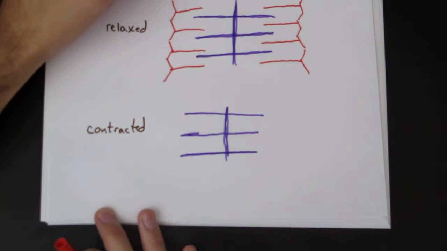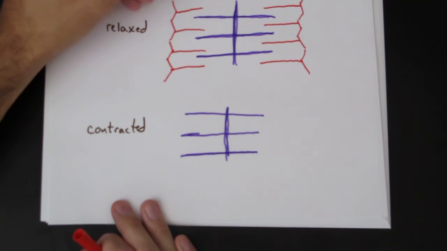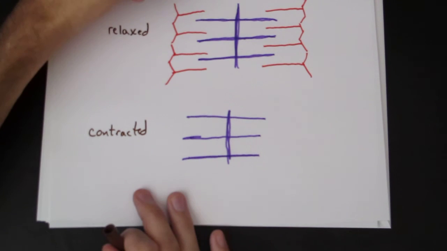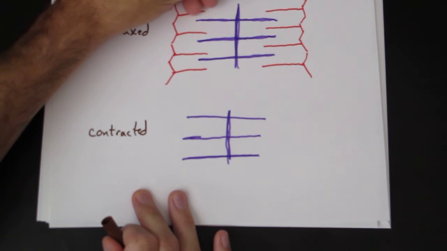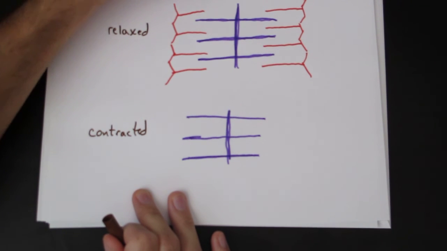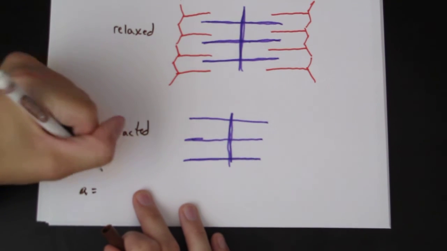All right, let's go ahead and label some things. The first thing we have is our entire sarcomere. We're going to call that A, and we're going to write over here that A equals the sarcomere.